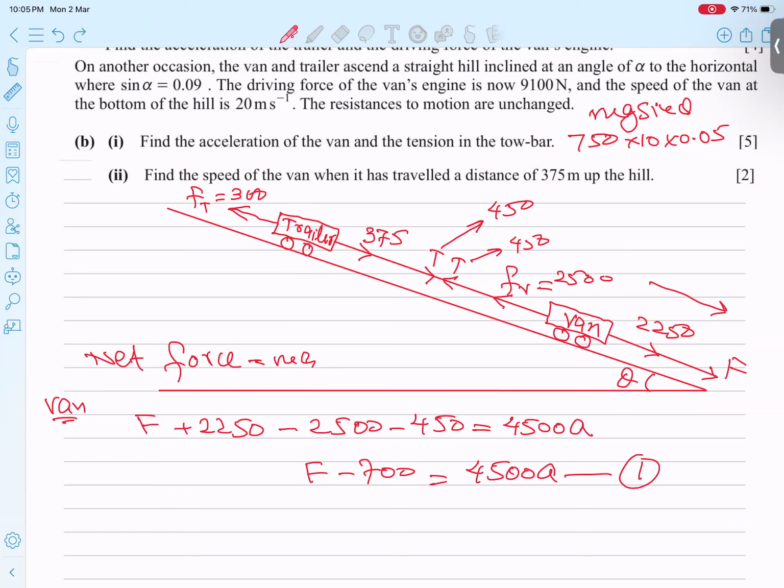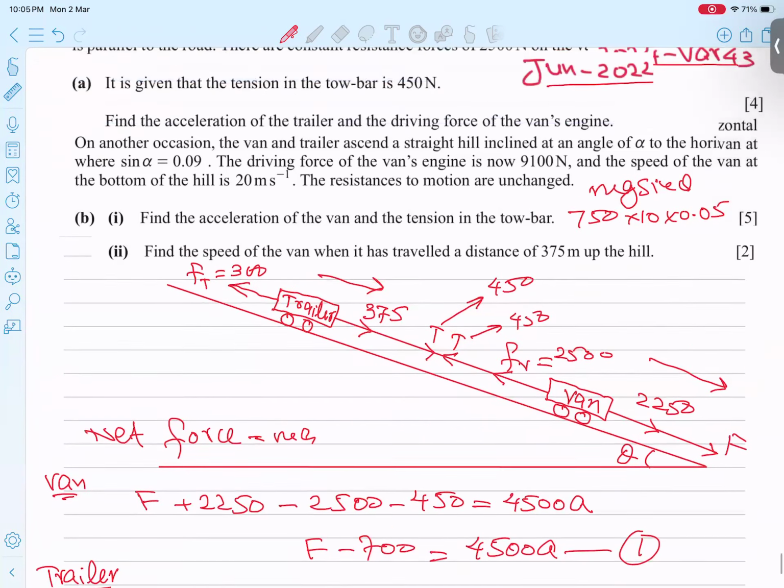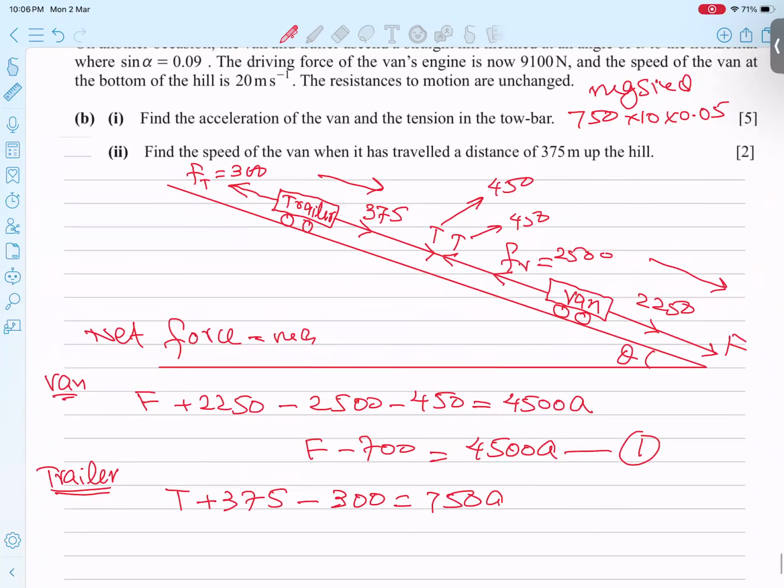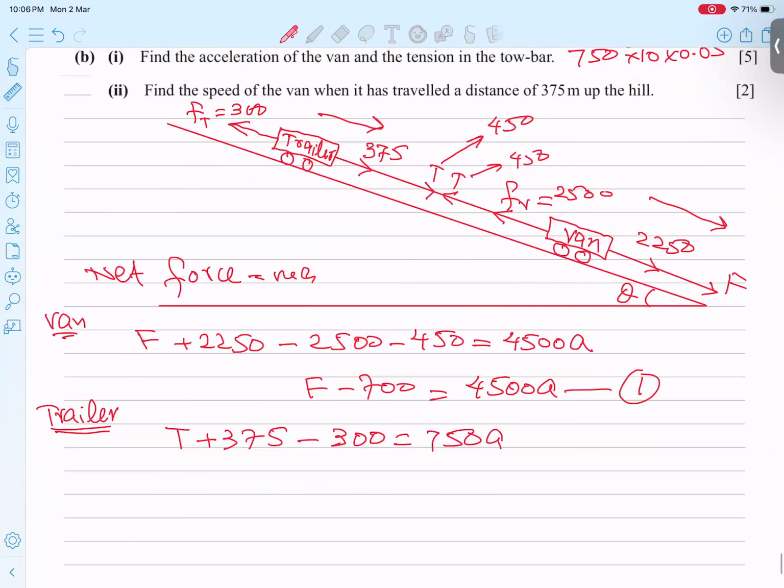Let's go for the trailer in the same manner. Again it is moving downward, so I'm starting from tension, and this is addition and this is subtraction. So I can say here tension plus 375 minus 300 is equal to ma. What is the mass? 750, times acceleration.